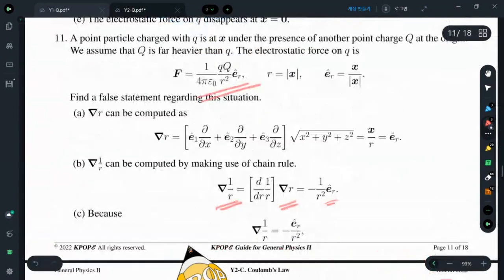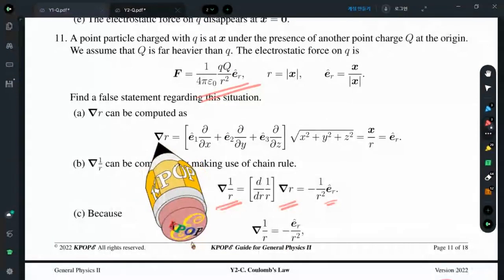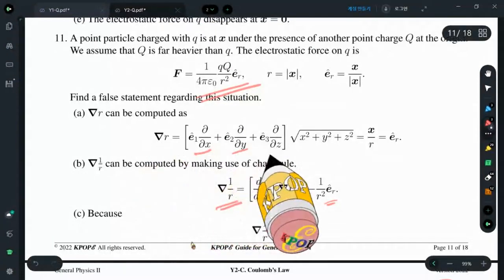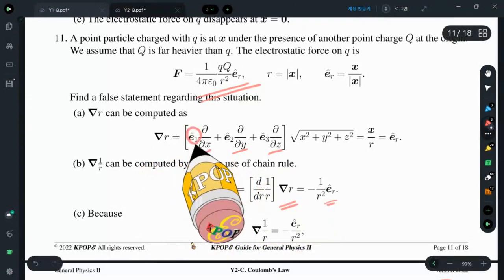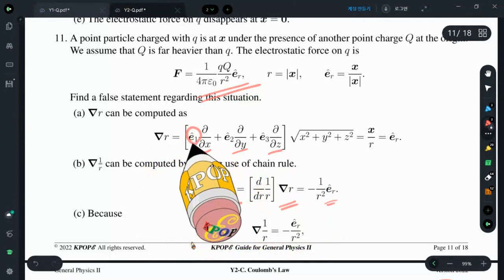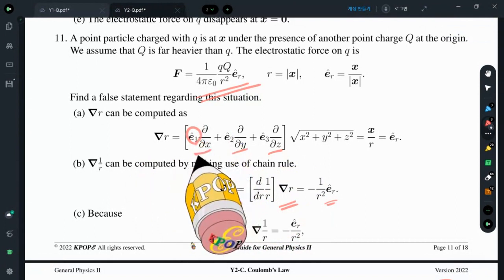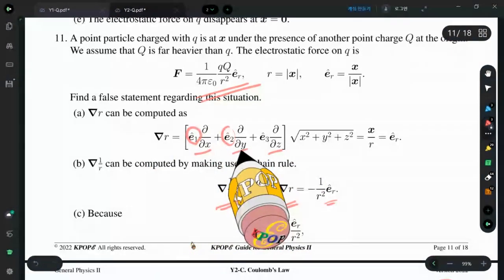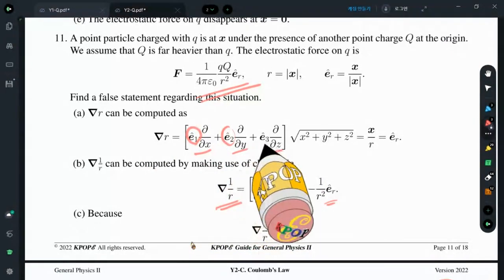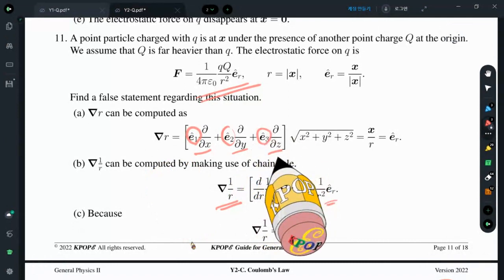Perhaps somebody does not know what gradient is. Gradient is nothing but the derivatives along the x, y, z axes, and this is a vector quantity. So the x component of a gradient is the x partial derivative, the y component is the y partial derivative, and the z component is the z partial derivative.